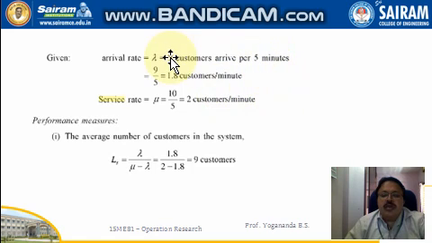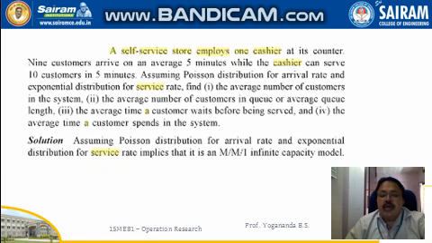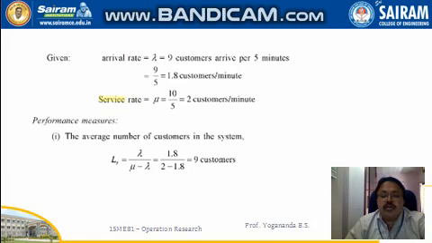For 5 minutes 9 customers, for 1 minute it is 1.8 customers per minute. Now the service rate. It is given that the cashier can serve 10 customers in 5 minutes. So 10 divided by 5, that is 2 customers will be served per minute. So the service rate mu is 2 customers per minute.